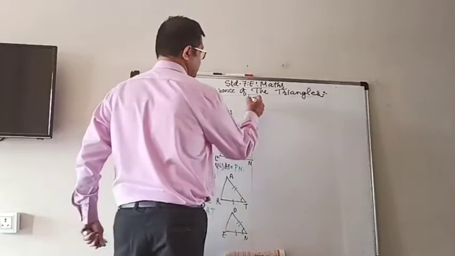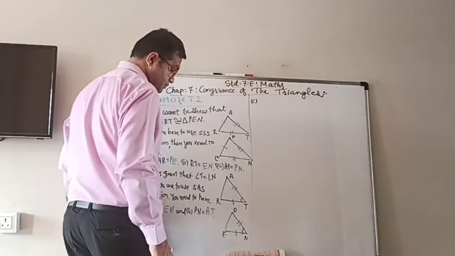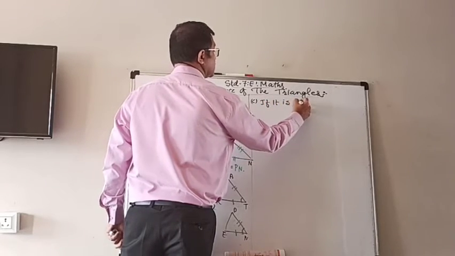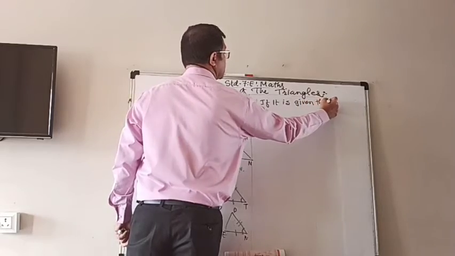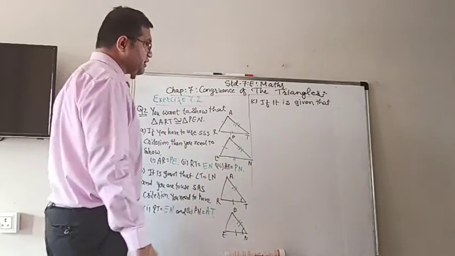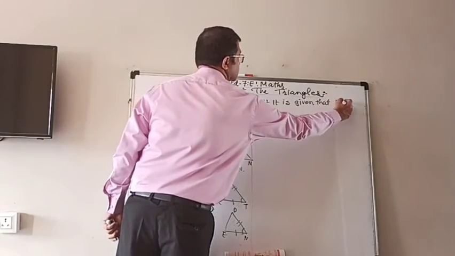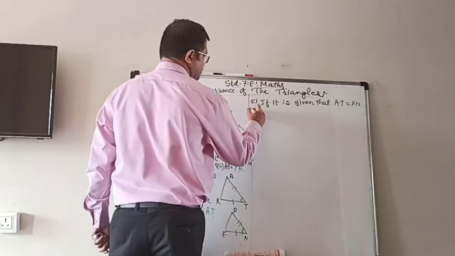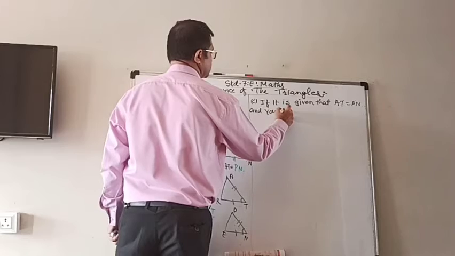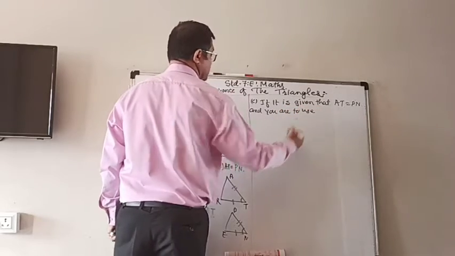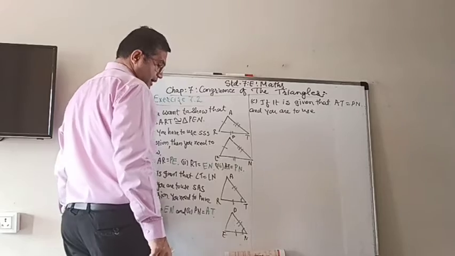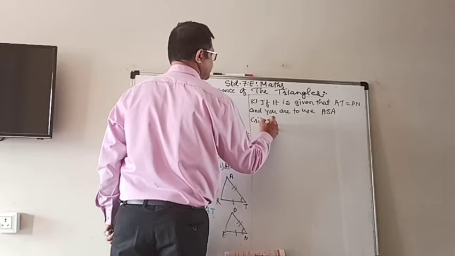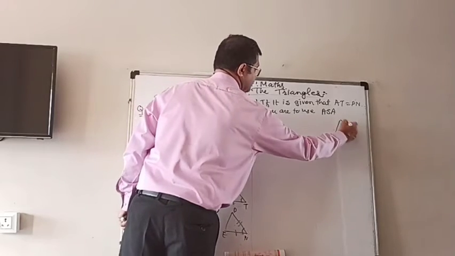In the third situation, again same ART and PEN. If it is given that AT equals PN, and you are to use ASA criterion.